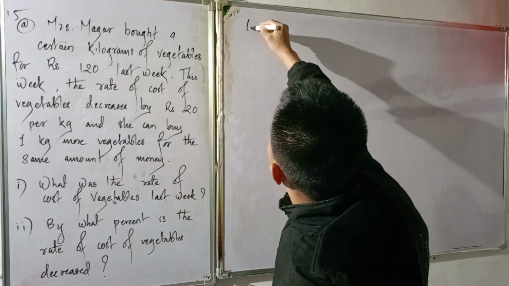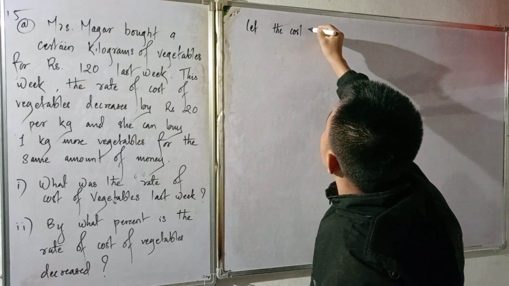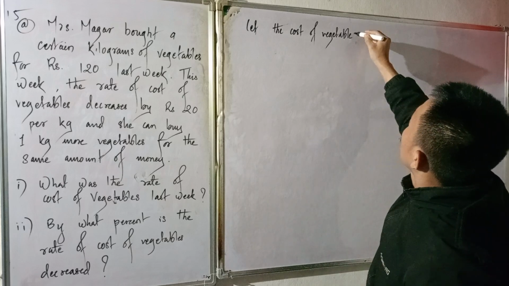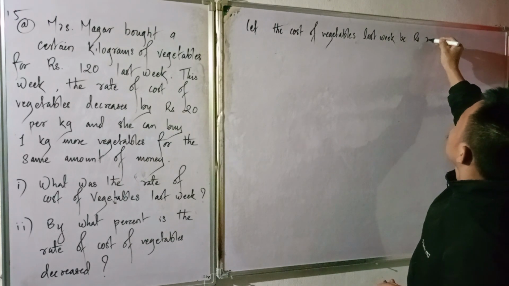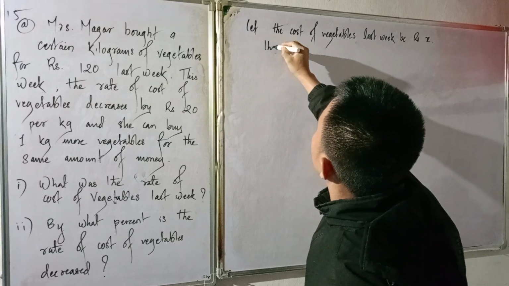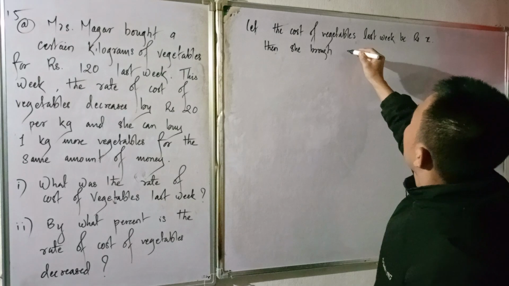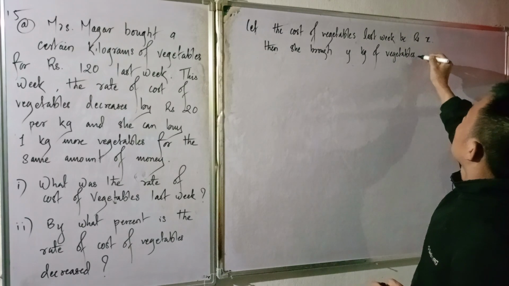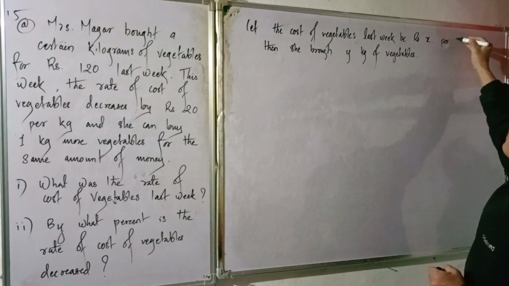Let the cost of vegetables last week be rupees x per kg.